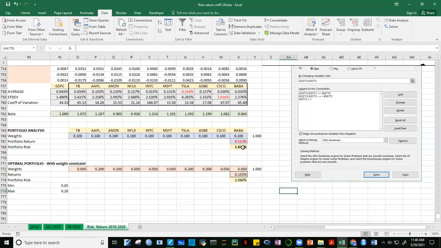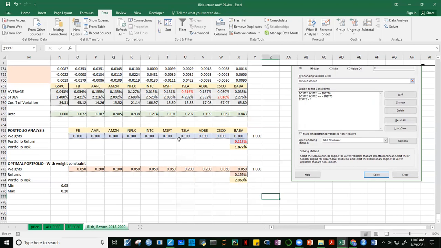In fact, mas mataas siya kaysa dito sa returns na to, yung equally weighted lang. Pero mas mataas yung risk niya, no? 2.06. Okay? So given this weight, 2.06, but it's a lot lower than most of the assets here. Si Microsoft lang medyo mas mababa sa kanya sa portfolio na to. But for the rest, pati si Cisco pala.